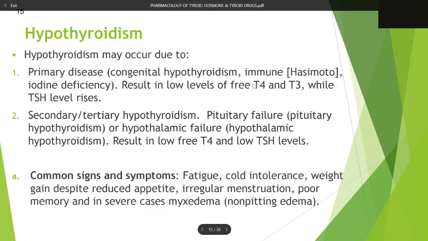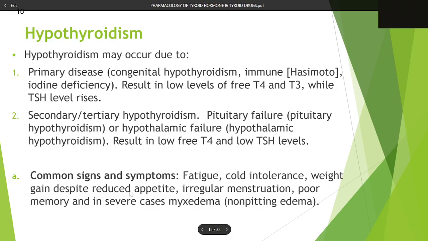Then it could be immune, that is Hashimoto, or it could be a result of iron deficiency. It results in low levels of free T4 as well as T3, while the thyroid stimulating hormone level rises. Now, secondary or tertiary hypothyroidism, pituitary hypothyroidism or hypothalamic hypothyroidism, results in low levels of T4 as well as low thyroid stimulating hormone (TSH) levels.